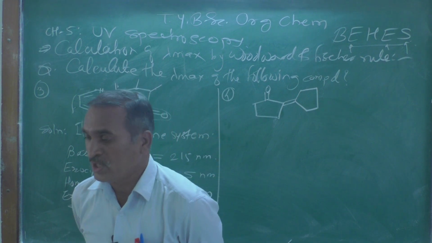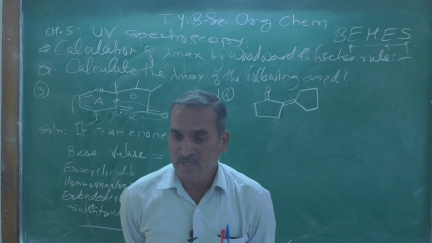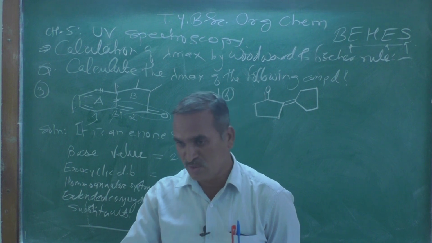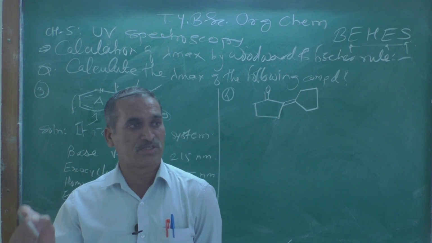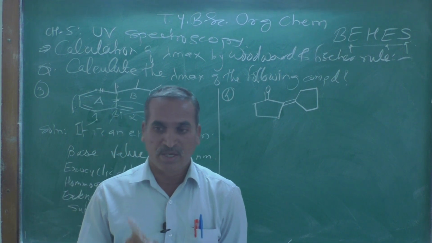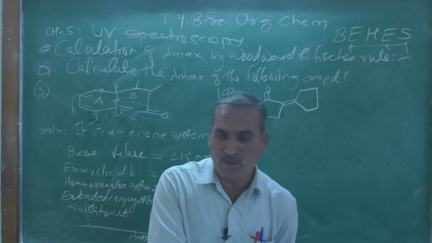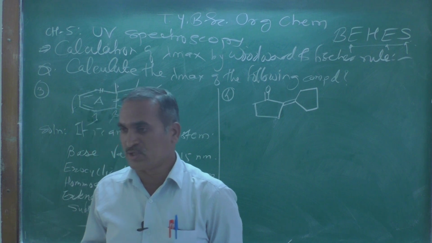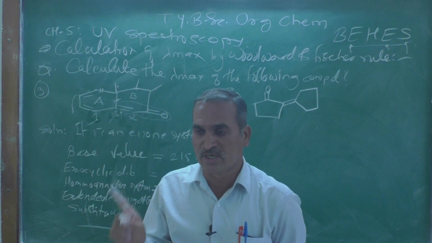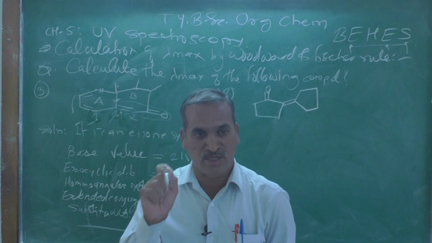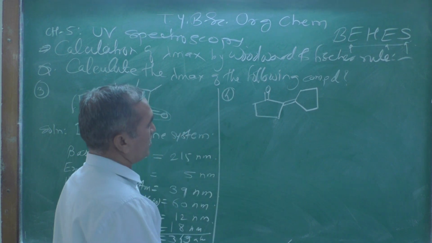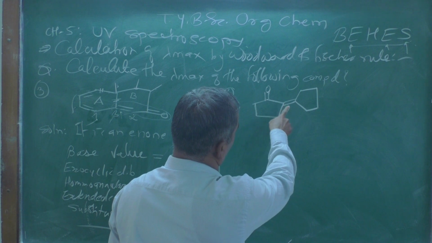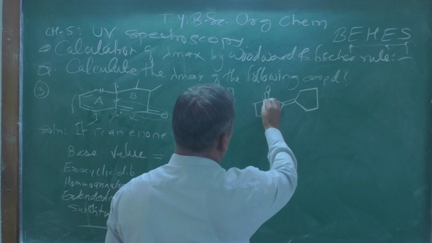Whether that carbonyl group is in conjugation or not, if it is in conjugation, then it is considered an enone system. If the carbonyl group is not in conjugation, it is not considered an enone system. Please note it down. Now if you see carefully here, carbonyl group, single bond and double bond, means you can mark it.